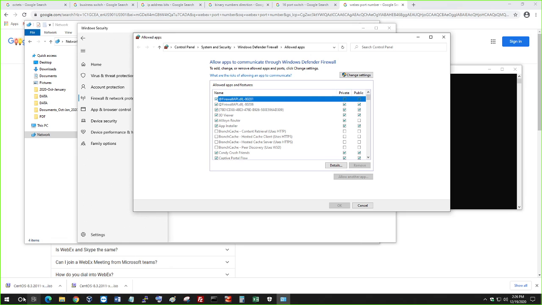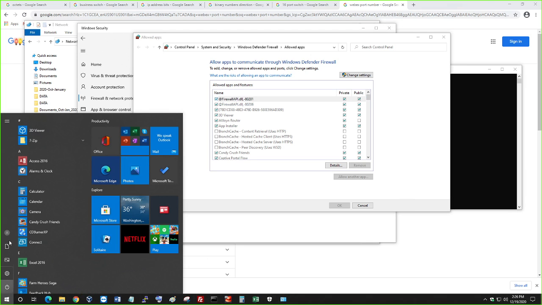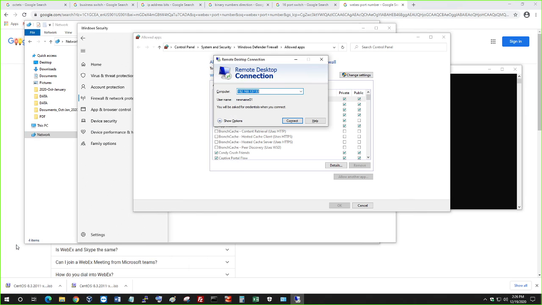So I think I have one other IP address here. You should be familiar with this, right, Adil? Doing an RDP. Yeah, I know a little bit.